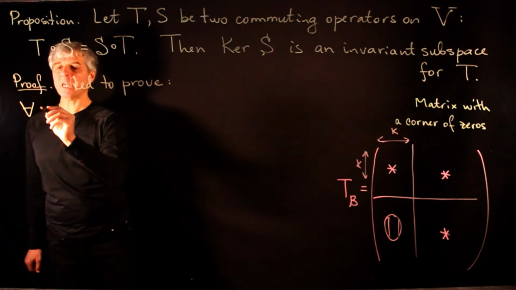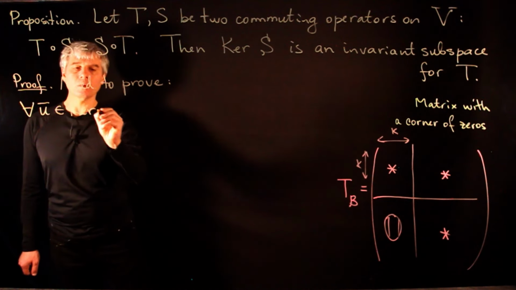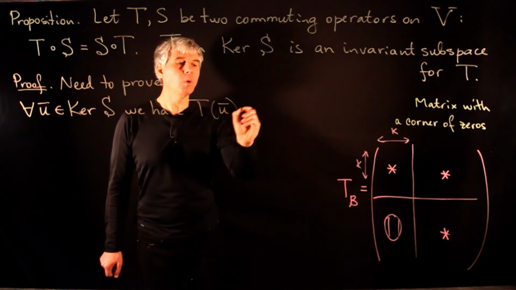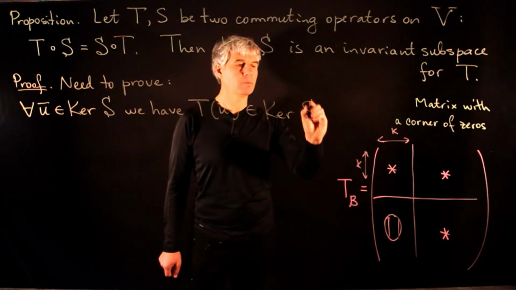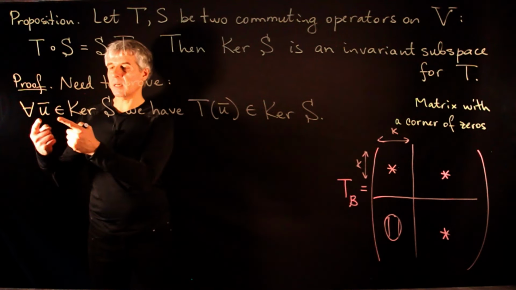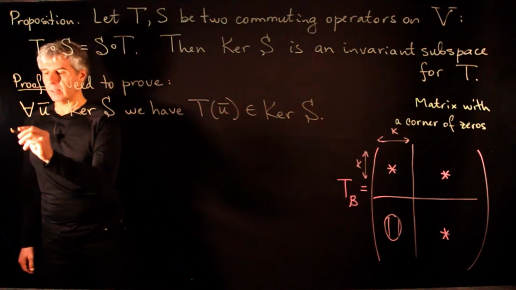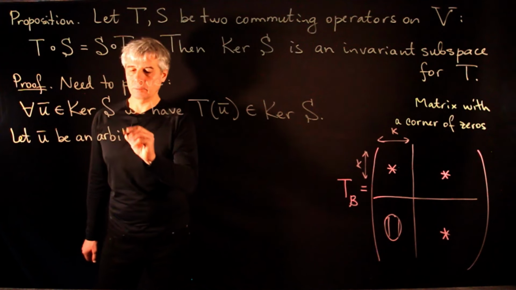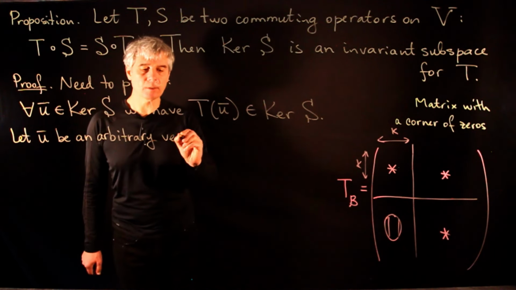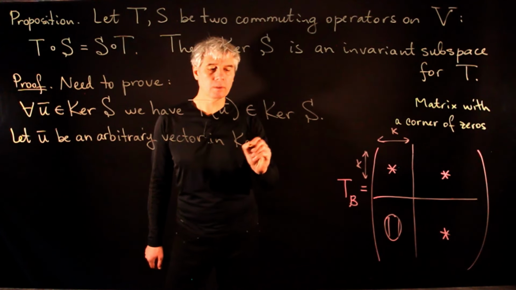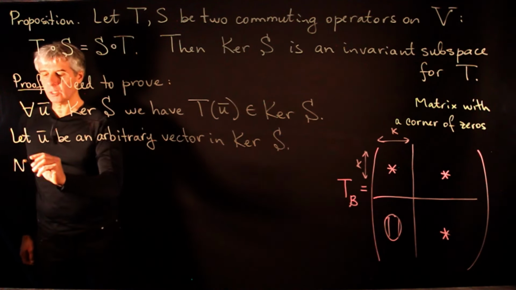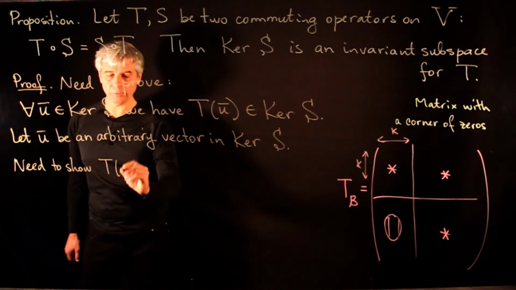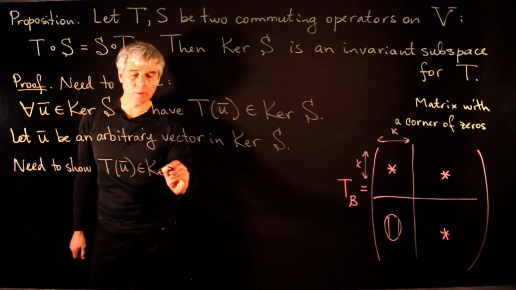This means that for every vector u in the kernel of S, we have T of u also in the kernel of S. When we need to prove a statement that starts with a universal quantifier, we say let u be an arbitrary vector in the kernel of S. We need to show that T of u belongs to the kernel of S.